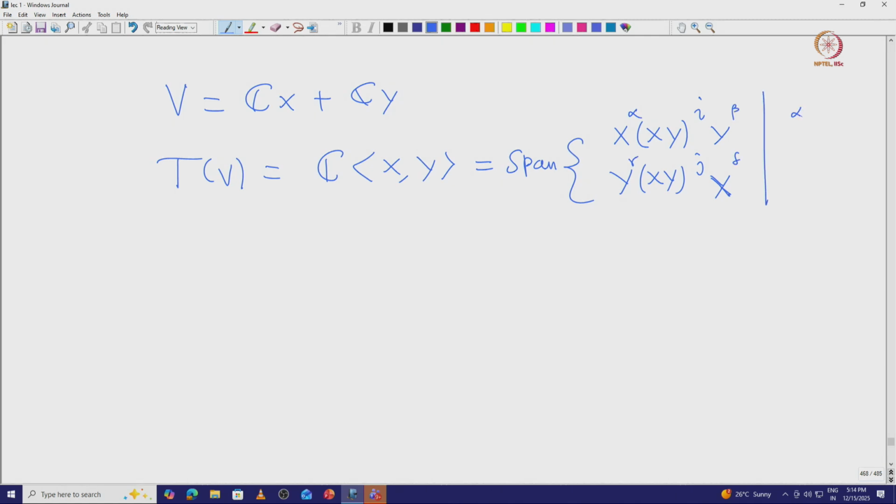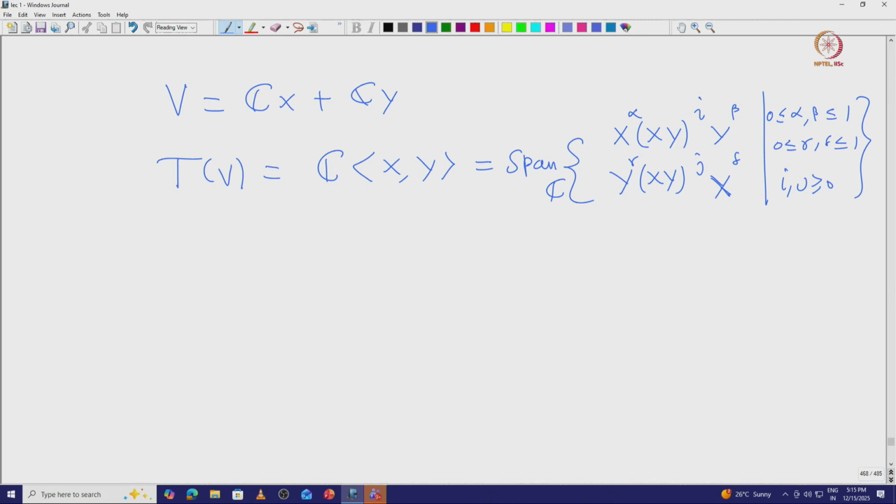You can see that alpha, beta are all coming from 0 to 1, and gamma, delta again coming from 0 to 1, and i, j can be anything bigger than 0, and this is going to be our basis for this TV, which is generated by these two variables x and y, and they do not have any relations among them.